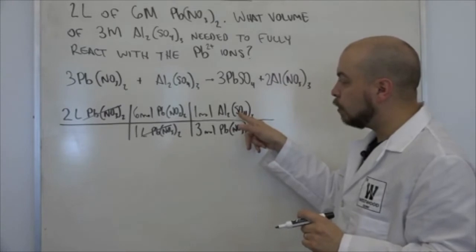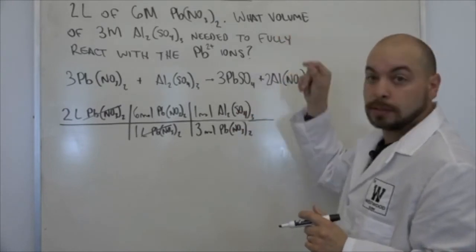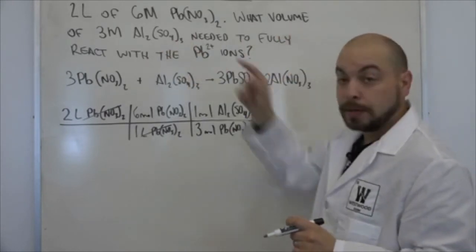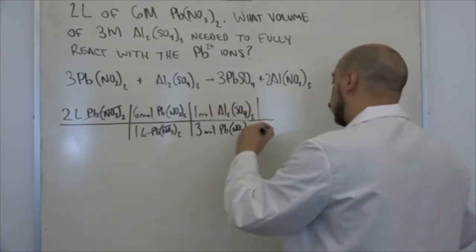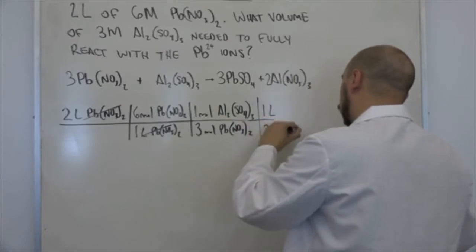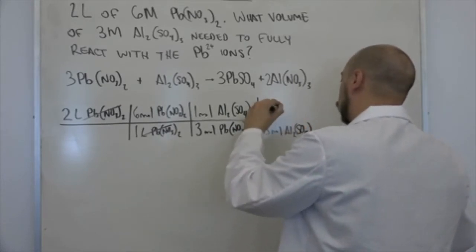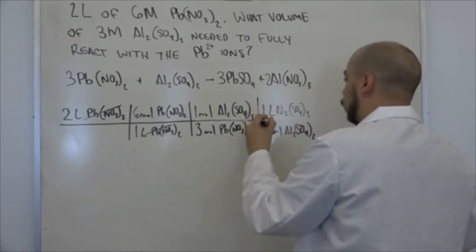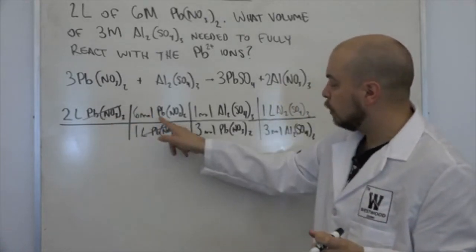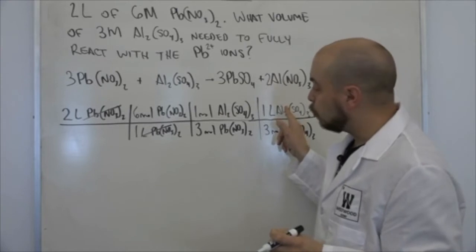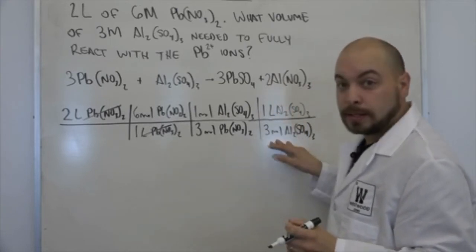Now what we need to do is get into liters, which means we need to use our molarity, moles per liter. Well, moles are on top, so we cancel moles. And what we've done now is multiplied 2 times 6 times 1 times 1, so that's 12, divided by 9.